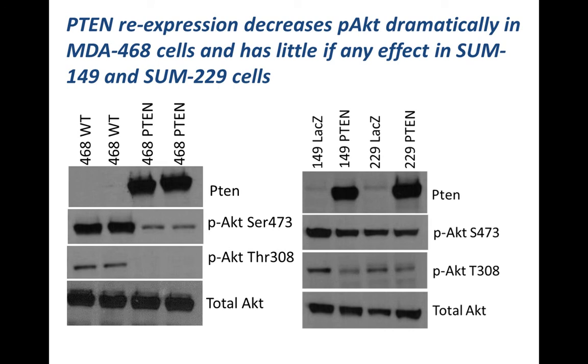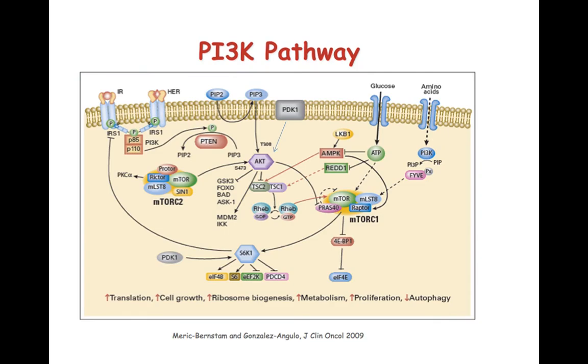All right, so now we did a simple experiment. Well, Erica did this experiment. It's not that simple. It looks simple, but it's hard to do. Take the 468 cells and put back PTEN and see what happens. And what happened is exactly what you'd expect. When you put PTEN back, the levels of AKT phosphorylation just dramatically go down, right? This is exactly what you'd expect if this is regulating that, and we can read it out by looking at AKT.